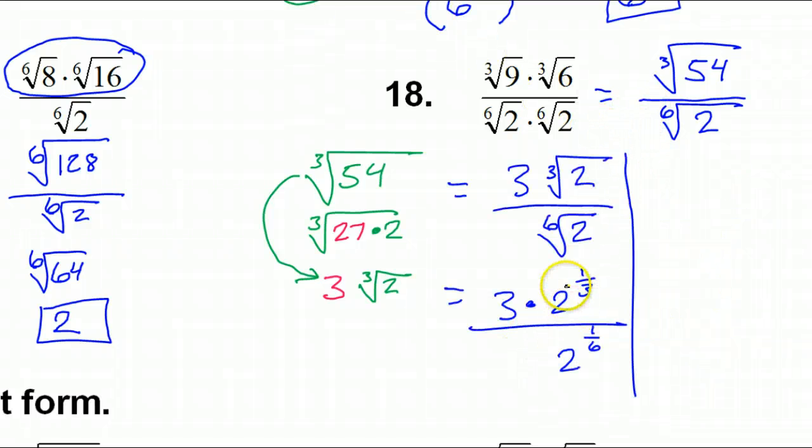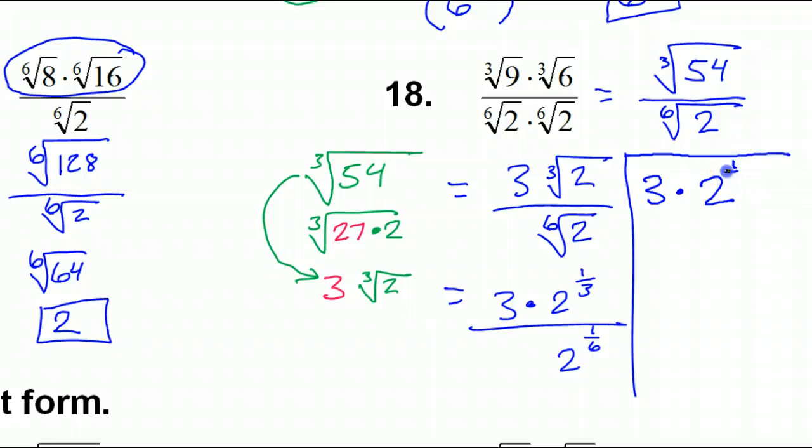So if I want to do the 2's that have the same bases, I will subtract these exponents. So I'm just going to carry this up here to the top. I still have the 3, so I'll have 3 times 2, but I'm going to subtract these like we would if there was no 3.